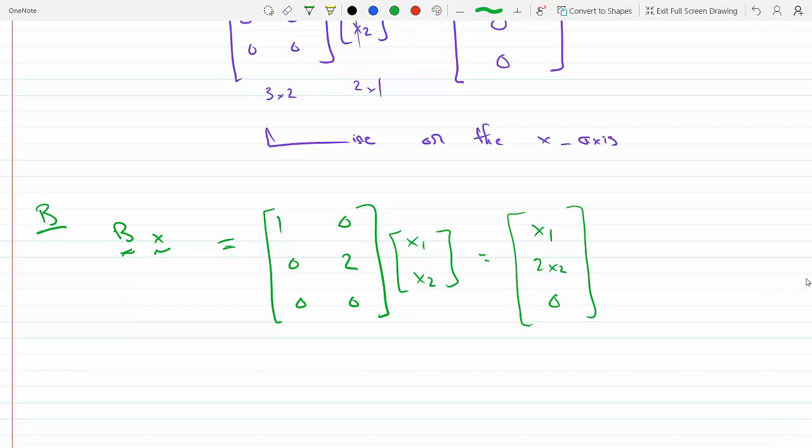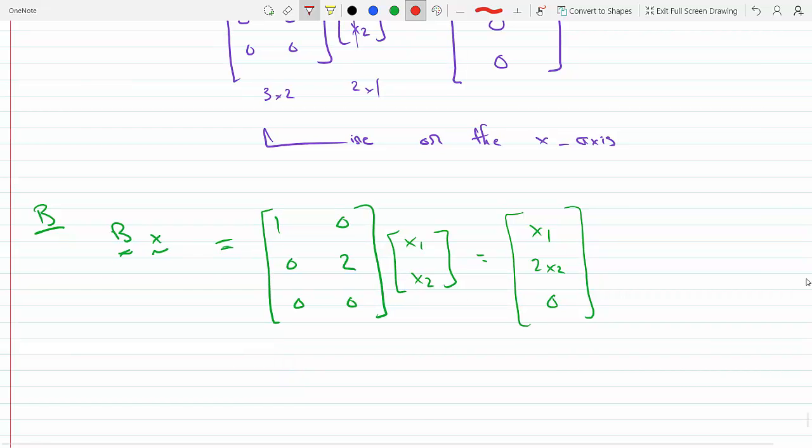So basically the column space of B is the entire xy plane, all the linear combinations of these xy components with z equals 0. So this would qualify as the xy plane. That's the column space of B.